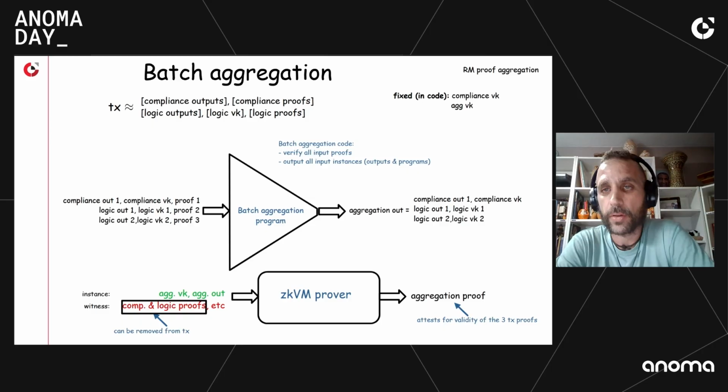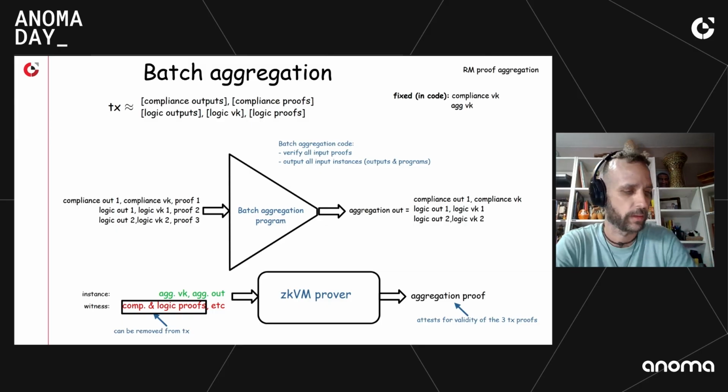And because we have passed as input the base proofs, the compliance and logic proofs, they are not needed for verification anymore to verify the aggregation proof, so they can be removed from the transaction. So once we generate the aggregation proof and it's valid, we can remove all the base proofs from the transaction. This already saves space in the transaction.